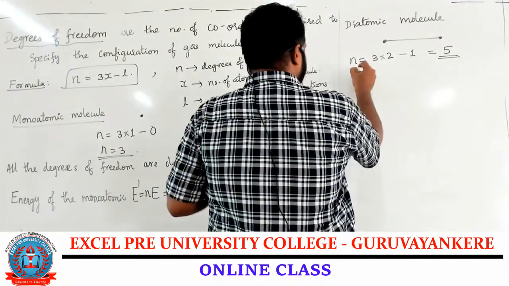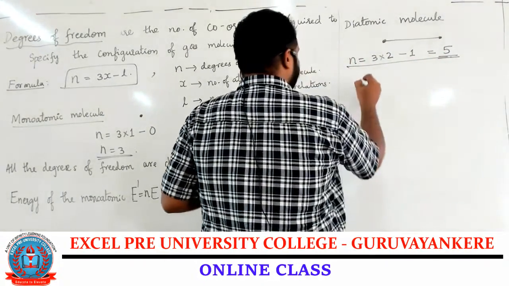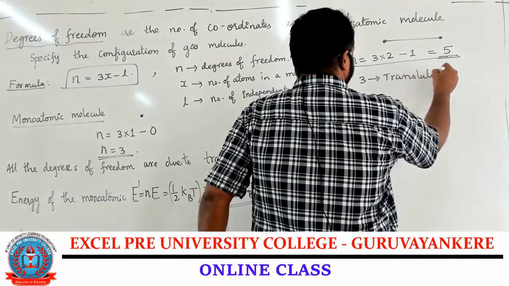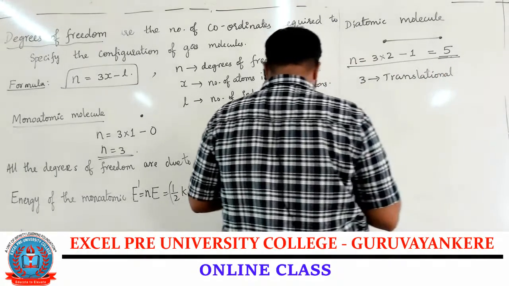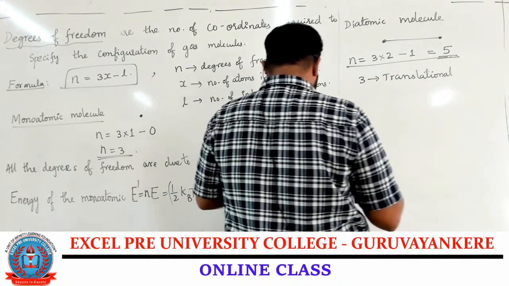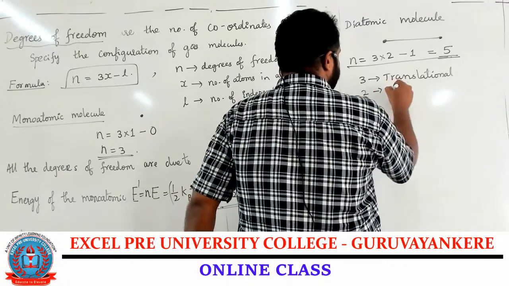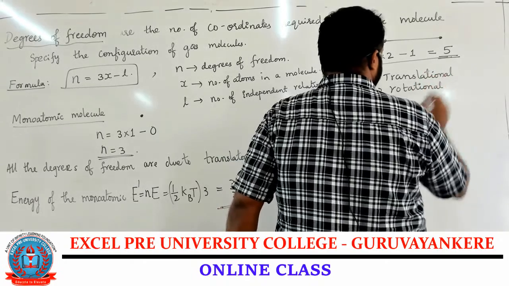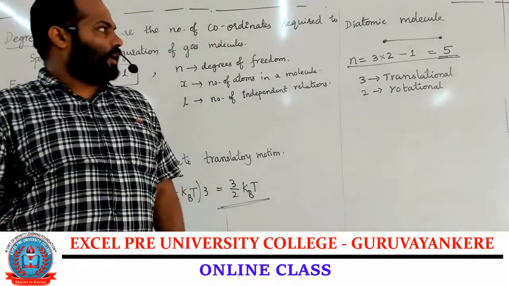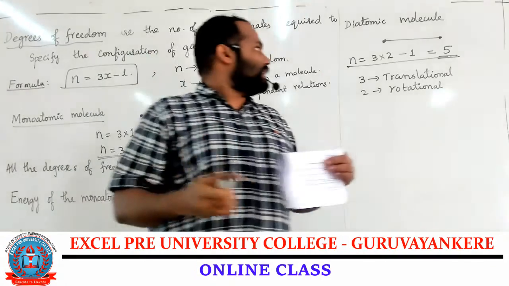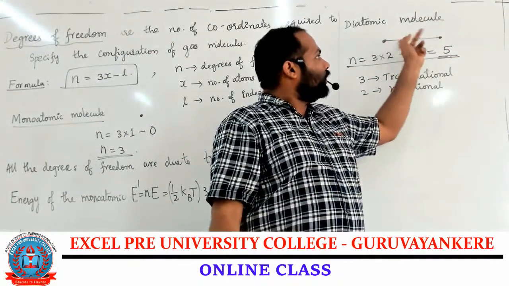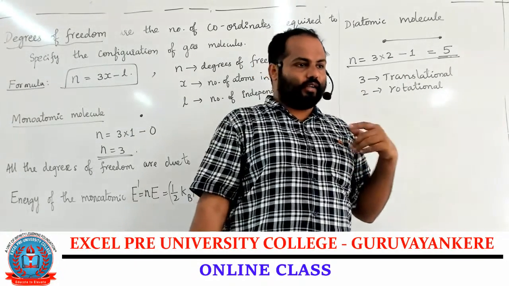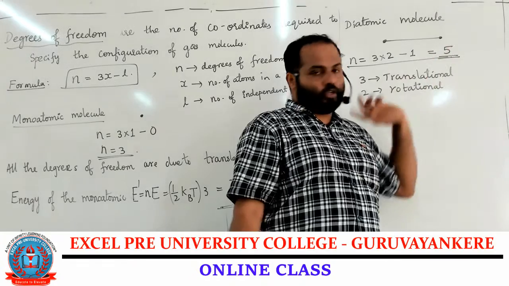There are 5 degrees of freedom, that is 3 translational, since it can move in all 3 axes, and 2 rotational degrees of freedom for a diatomic molecule. 3 translational means the molecule can be specified by its x, y and z coordinates due to its translatory motion.